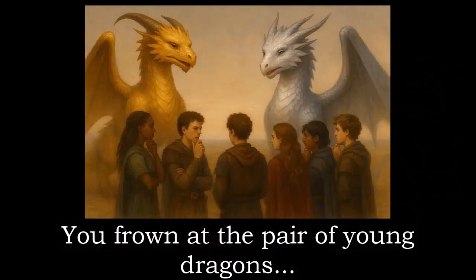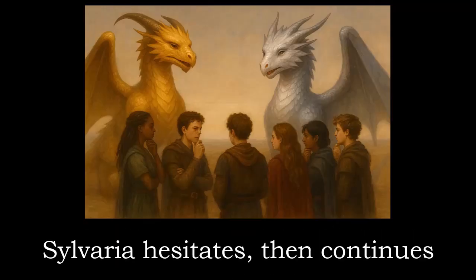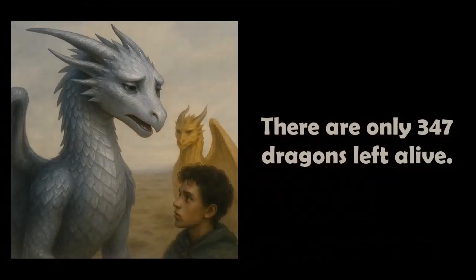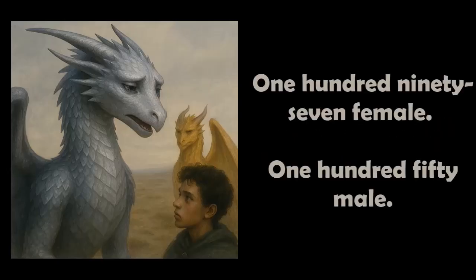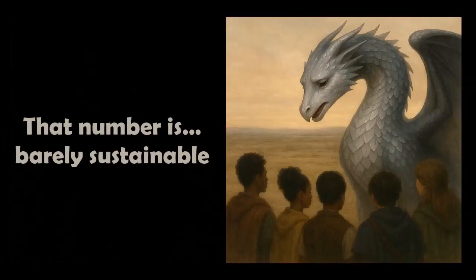You frown at the pair of young dragons. Fading? Silvaria hesitates, then continues. There are only 347 dragons left alive, to the number. 197 female, 150 male. That number is barely sustainable.